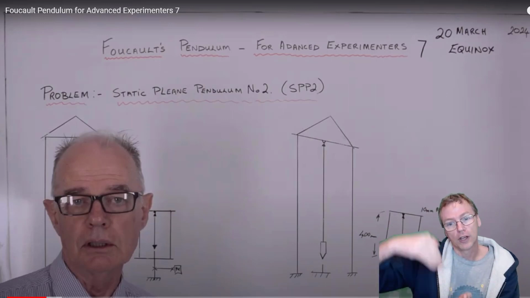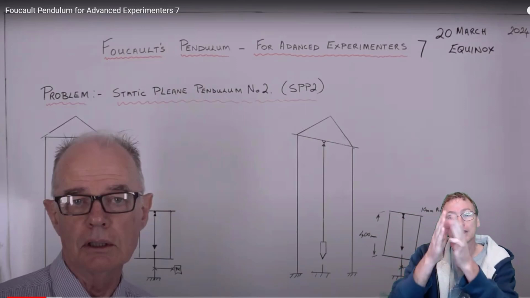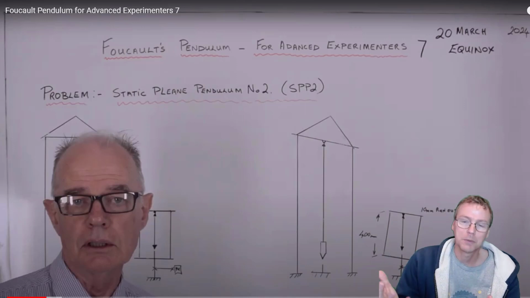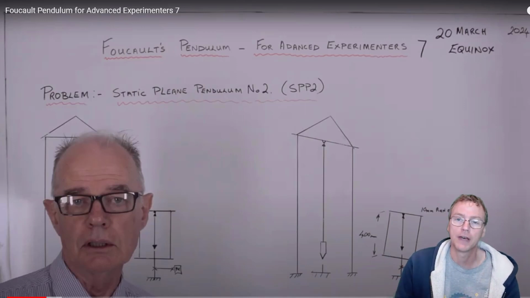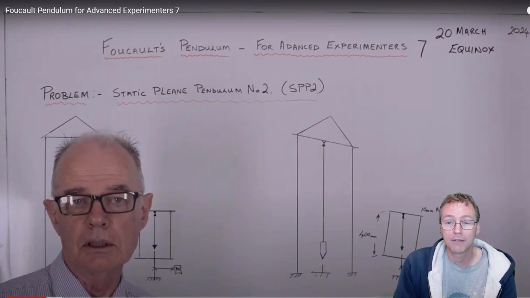So the force of gravity and the swing direction get out of alignment, and that creates a three-dimensional rotational effect that we call precession. And that causes the pendulum to swing around. And that's why you also have the sine of the latitude in the equation.